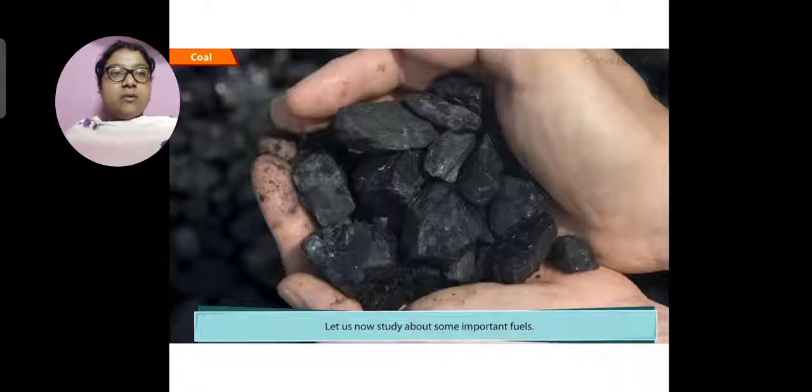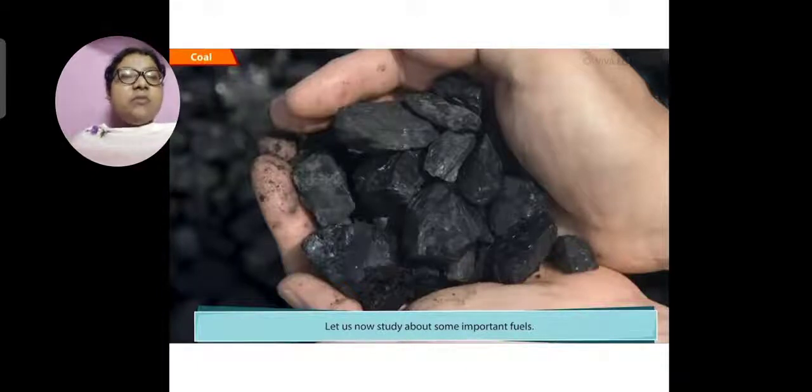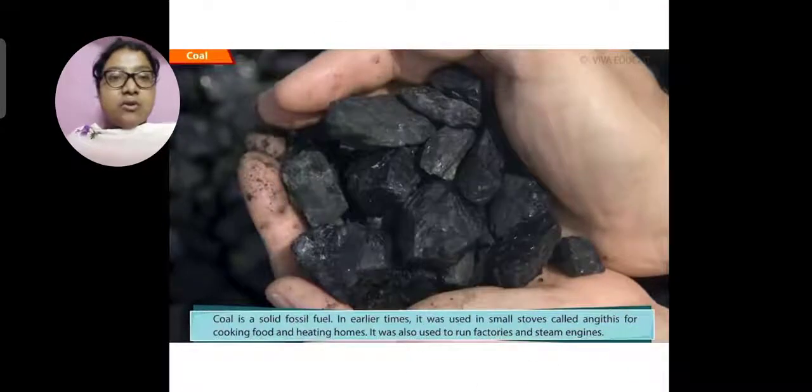Now we can go ahead with an example of a source of energy that comes under non-renewable sources of energy, which is coal. Let us study some of the most important fuels, like coal. Coal is called a solid fossil fuel because it is present in a solid, hard state.